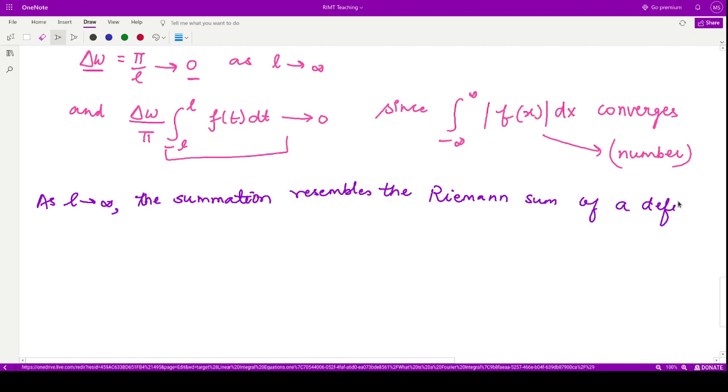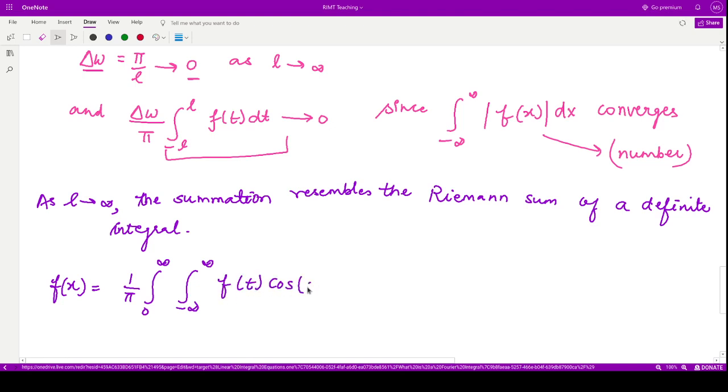If you do not remember what a Riemann sum is, you could go and see what a Riemann integral is, and then come back here, so that your function now becomes equal to 1 by pi integration from 0 to infinity of the term, instead of minus L to L, we have minus infinity to infinity f of t cos omega t dt into cos omega x.